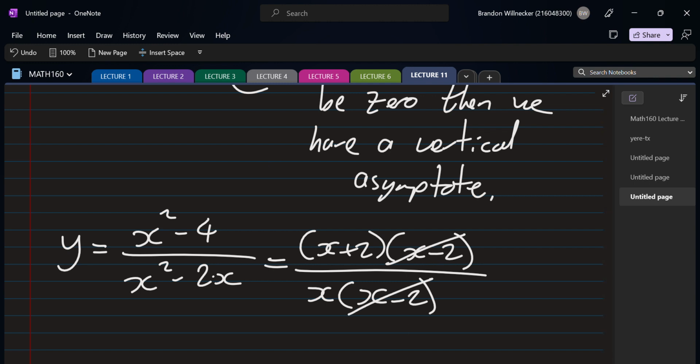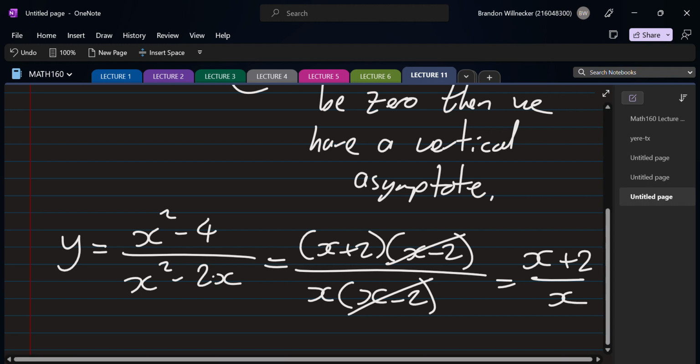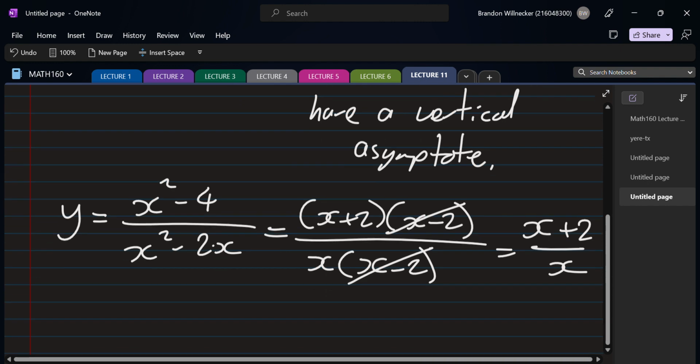So let's just remove it. Okay, so we get rid of the top, we get rid of the bottom there, and we're left with x plus 2 over x, which is a lot nicer to work with. Okay, so sometimes you can simplify these, sometimes you can't. It just depends on what question you're given. In this case, we could simplify the top and the bottom, so we get something that's a lot easier to work with.